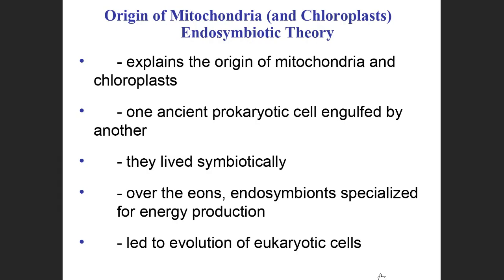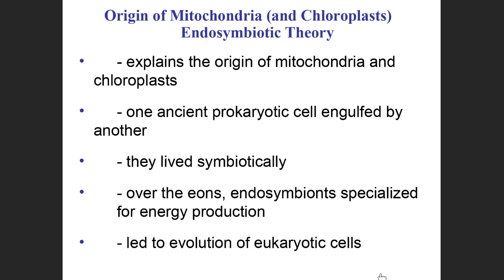And the idea is that one ancient prokaryotic cell was engulfed by another. But instead of eating and digesting the cell that was engulfed, they actually learned to live together symbiotically. And because all of the other needs of the symbiont were being taken care of by the host cell, that symbiont specialized to do one thing: make ATP.